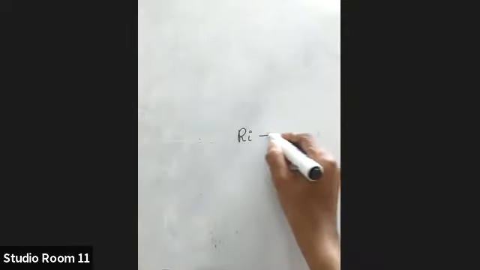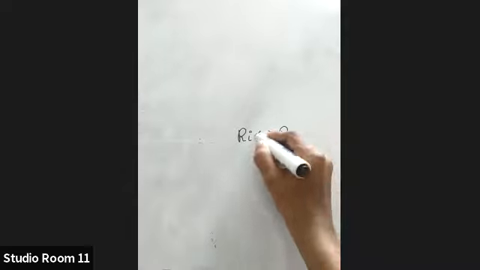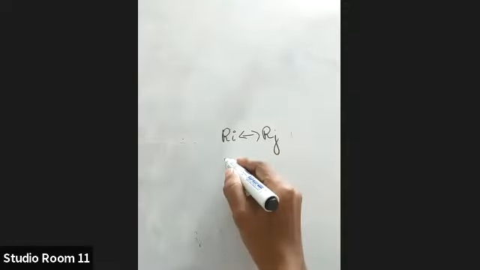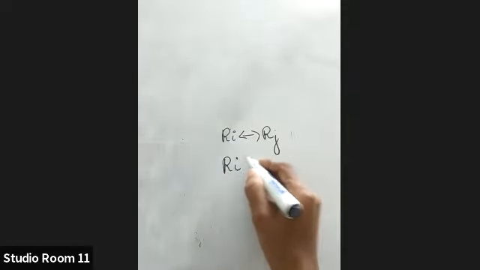What are the row transformations? The first row transformation is Ri gets interchanged with Rj, isn't it? Ri interchanged with Rj. What is the second transformation?